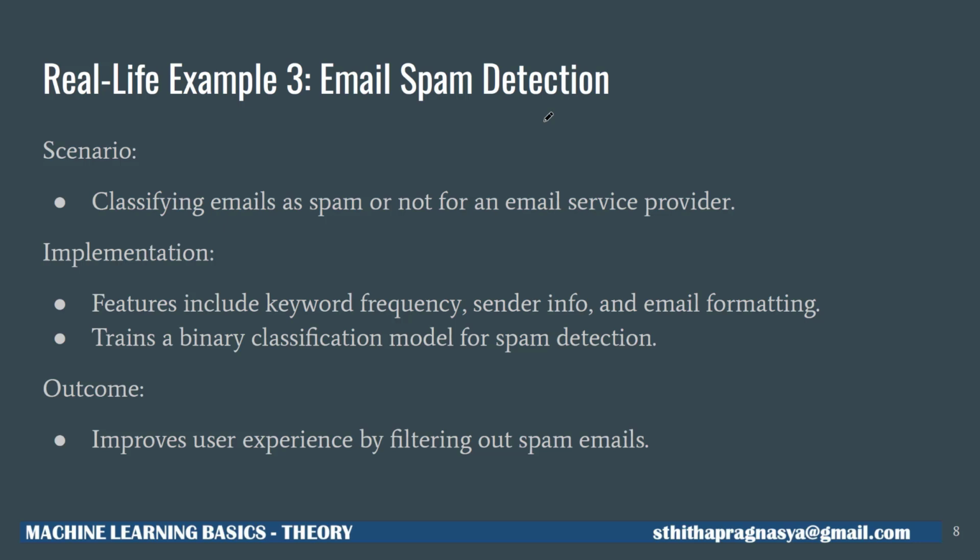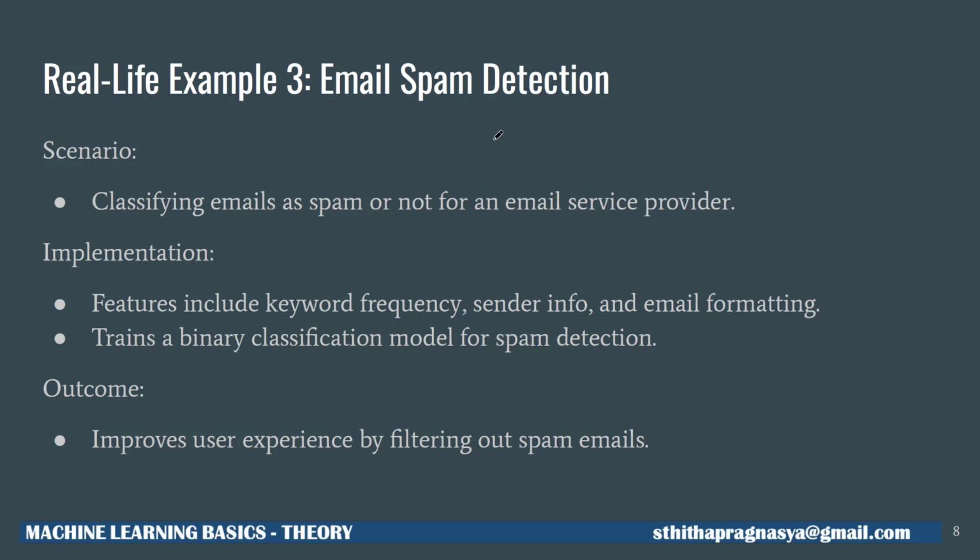Email spam detection. An email service provider wants to classify incoming emails as either spam or not spam based on features like the presence of certain keywords, sender information, and email formatting. You would be seeing this in real time in your Gmail, correct? Every day there will be emails automatically going into spam. So behind the scenes, they might be using the linear learner algorithm.